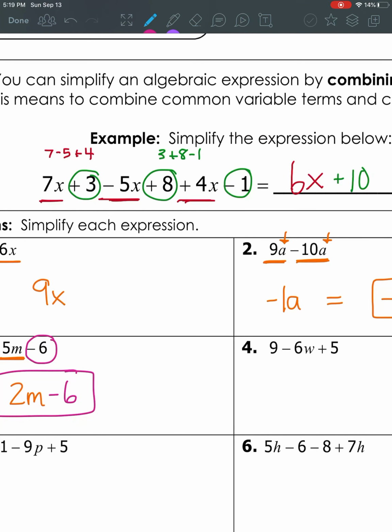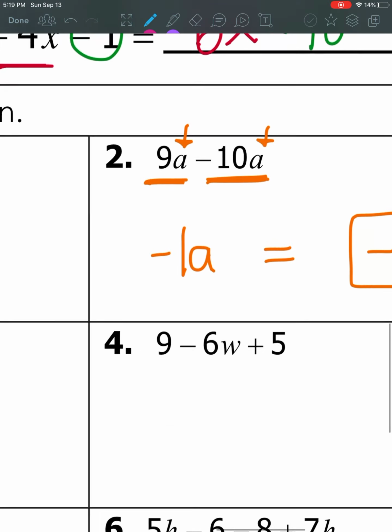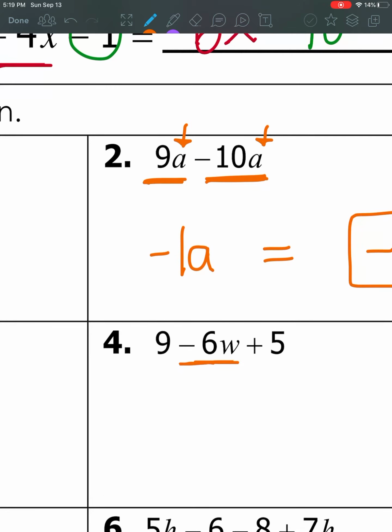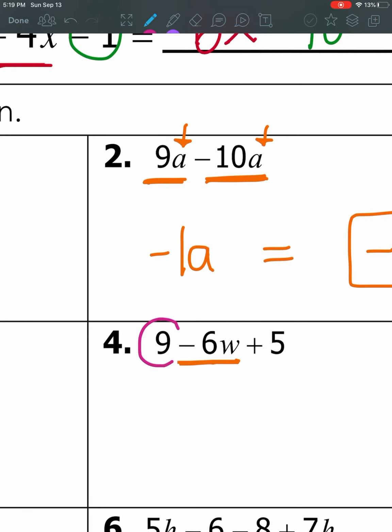Next one, when we write these, if you guys notice, in our example we did up here with the 6x plus 10, and then this last example, 2m minus 6, you always write the variable first, and then the constants come last, okay? So if you notice in this one, I'm going to focus on the variable first. So we have 6w, and then don't forget there's a negative or a minus in front of there. There's no other w's in this expression, so that's all we have.